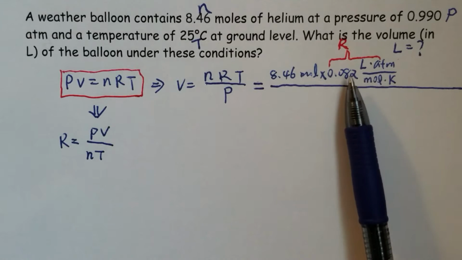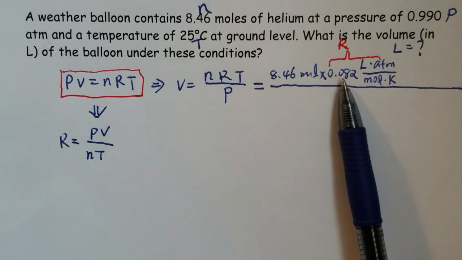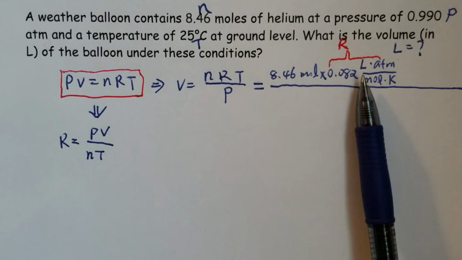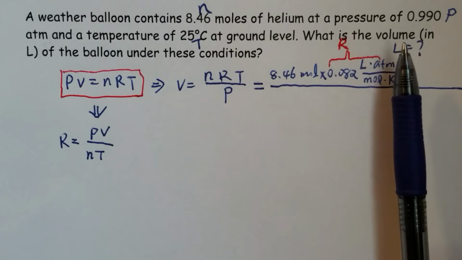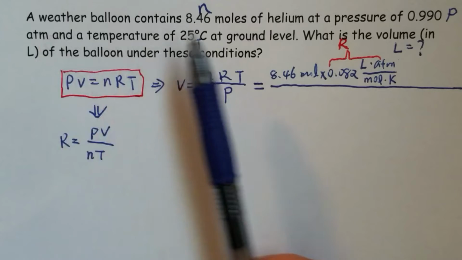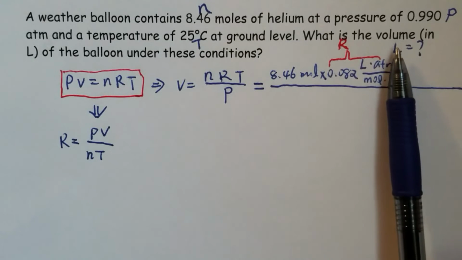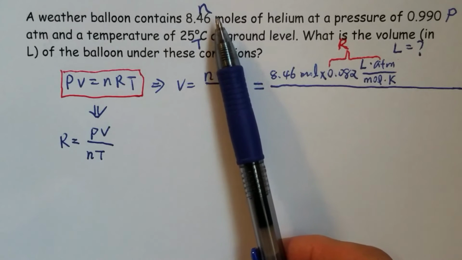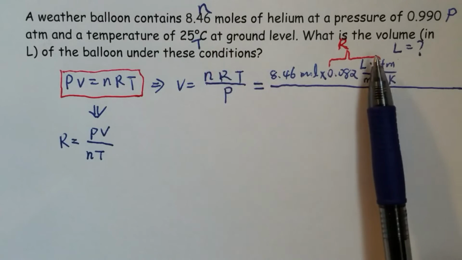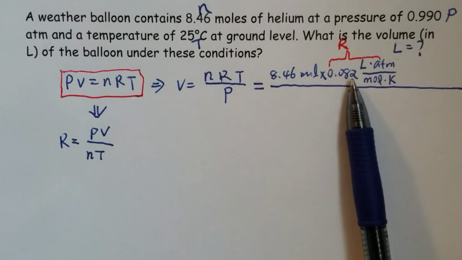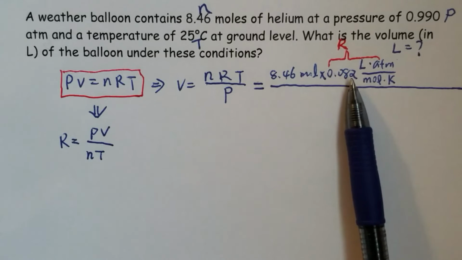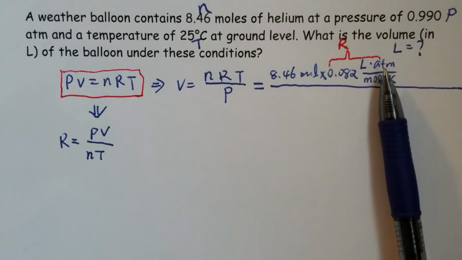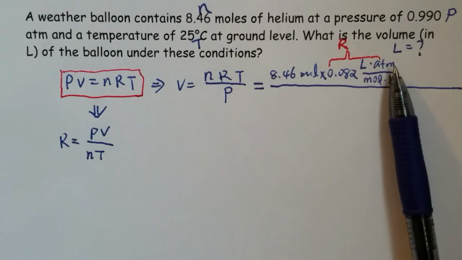In this case, since we have the pressure units in ATM, and the volume unit is in liter, and then we have moles, and of course temperature in Kelvin, that's why we use this 0.082. This constant always goes with this set of units. There's another one with a different value and different units.